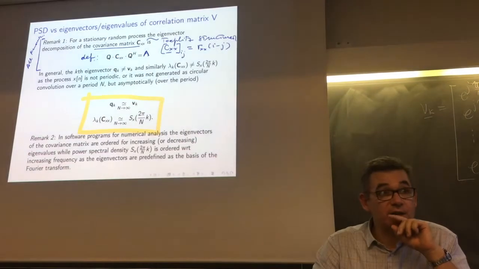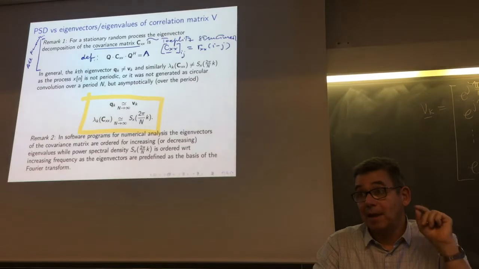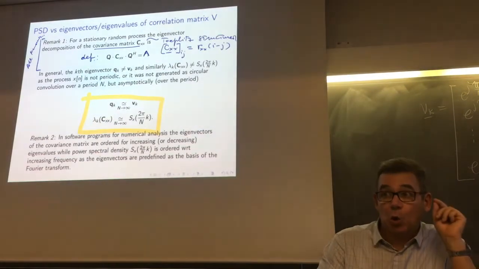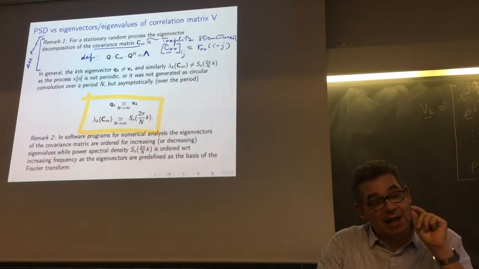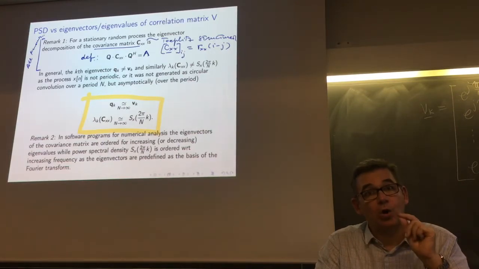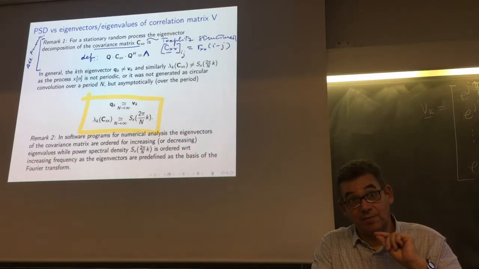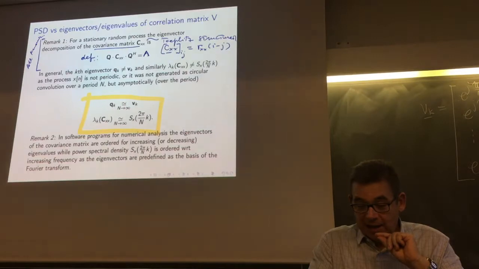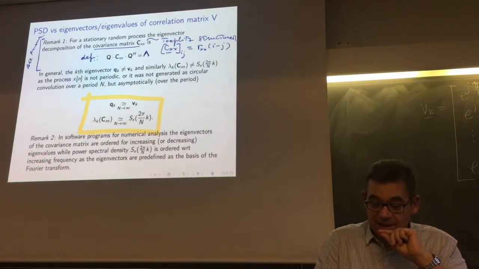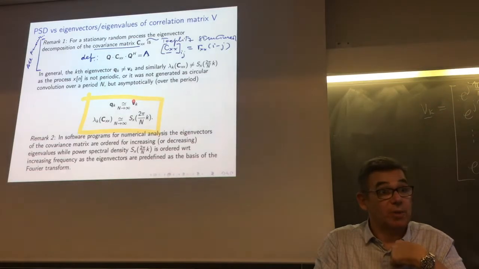The major difference is that MATLAB or any code usually orders the eigenvectors according to decreasing eigenvalues. Here, what we get is this: since Vk is a sinusoid, we decide the ordering because we choose k.